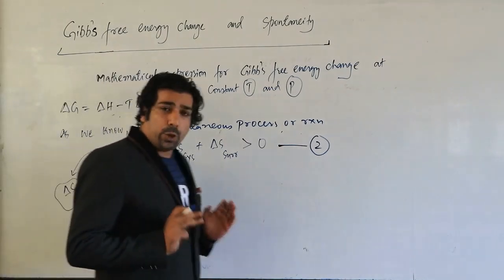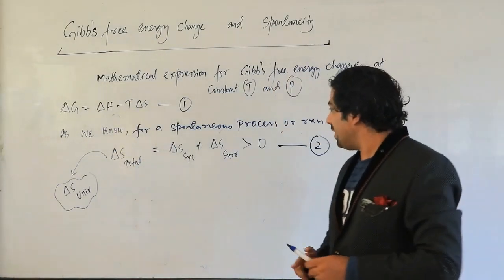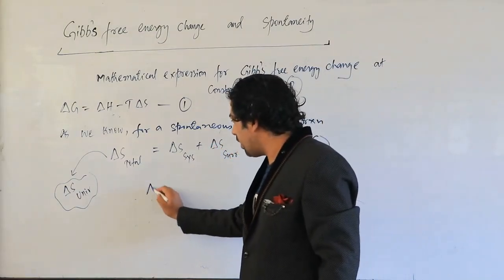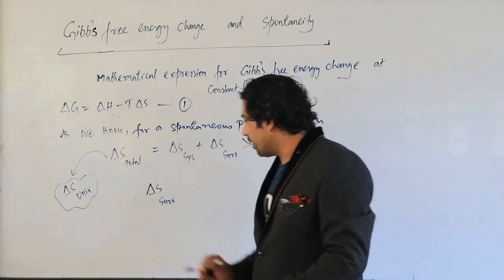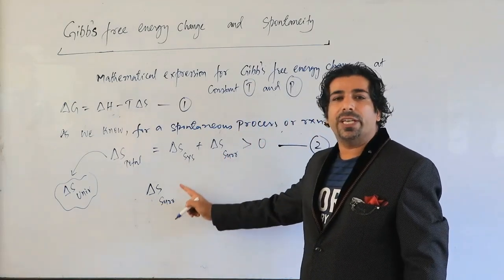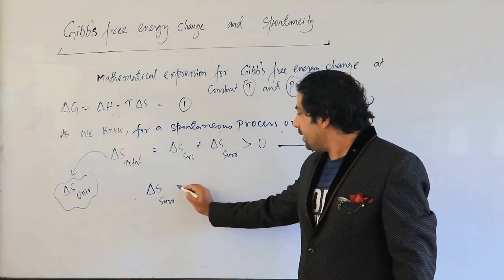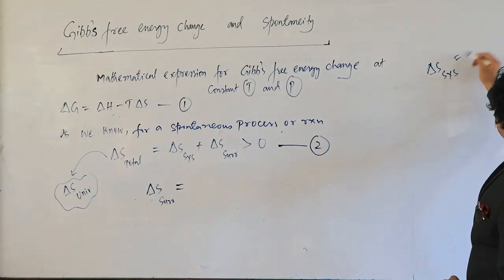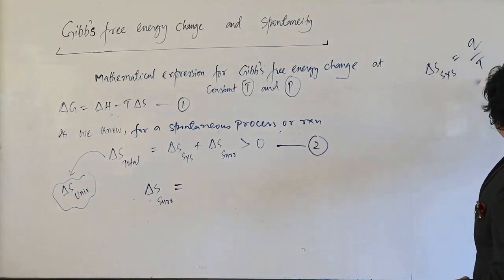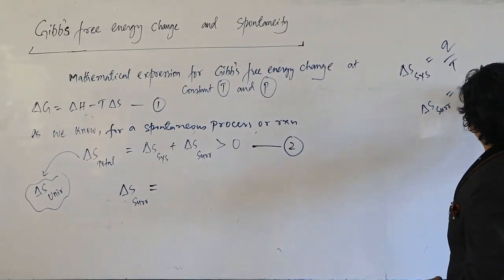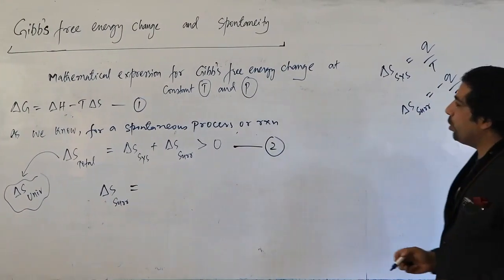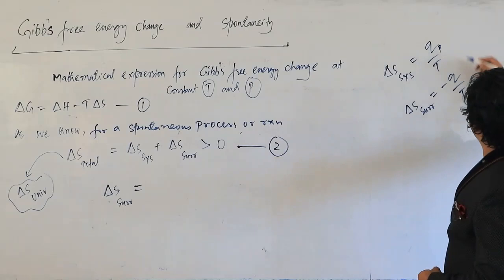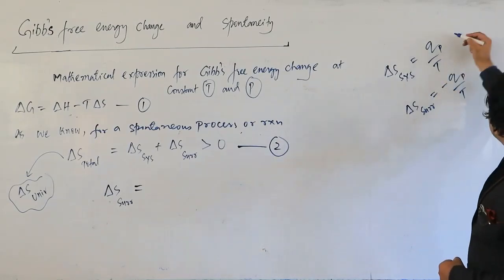I told you previous time, if I take out this delta S surroundings, that is the entropy change of the surroundings, it is equal to, since delta S system is equal to Q upon T, delta S surroundings will be minus Q upon T. And this process takes place at constant pressure, so in place of Q I can write Qp.